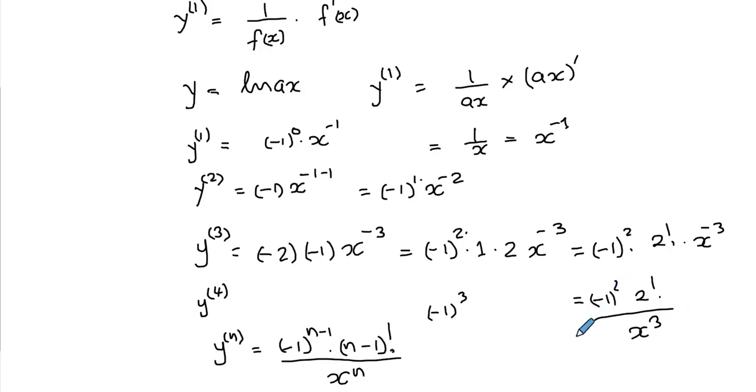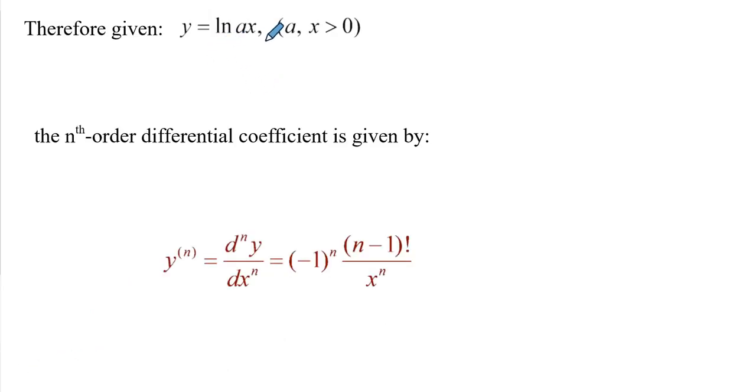So that will be a formula which we use to get differential coefficients of order n for a function of this type. So in conclusion, given ln ax, the nth differential coefficient will be given by this formula.